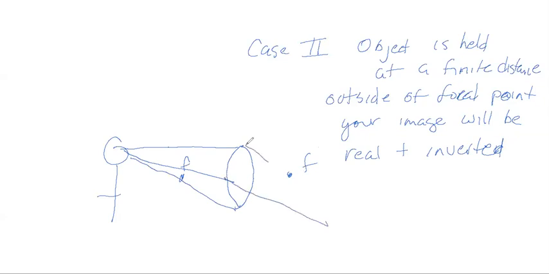The one coming in parallel goes through the focal point, and the one going through the focal point comes out straight. So here's your image. It's going to be inverted here. This is case two. No doubt you can find a much better ray diagram online, so please, I urge you to do that.